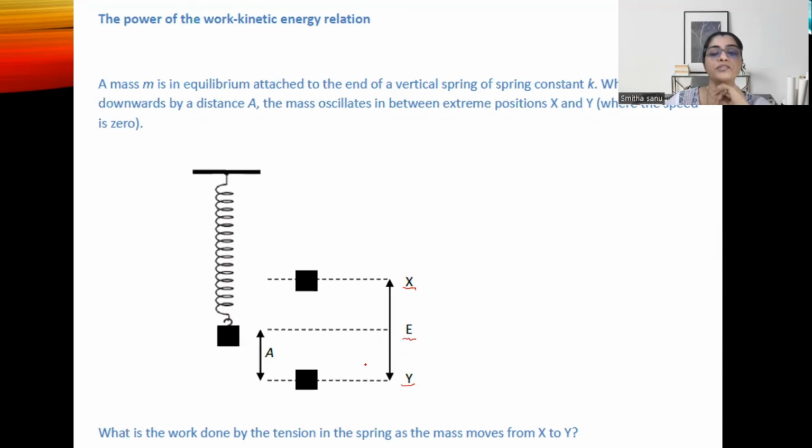The amplitude from mean to extreme is a. The question is, what is the work done by the tension in the spring as the mass moves the distance from x to y? So let's start with the application of the work energy theorem, which very clearly tells that the change in kinetic energy is equal to the net work done.